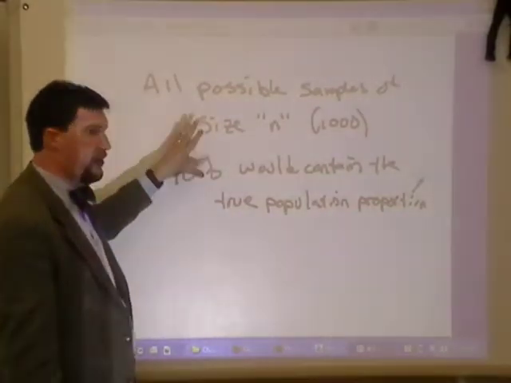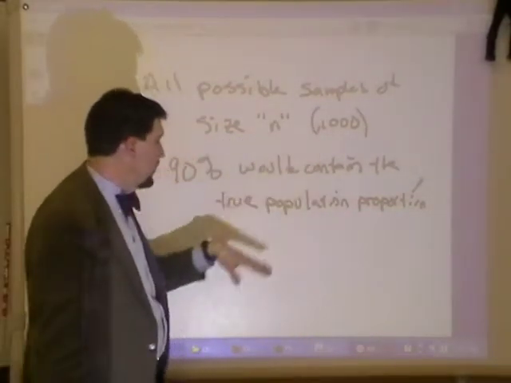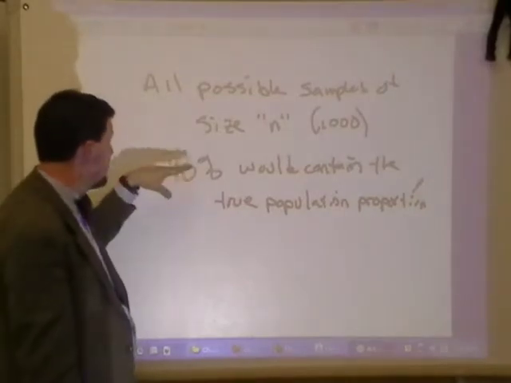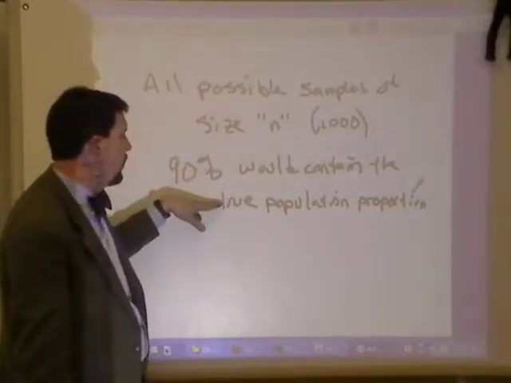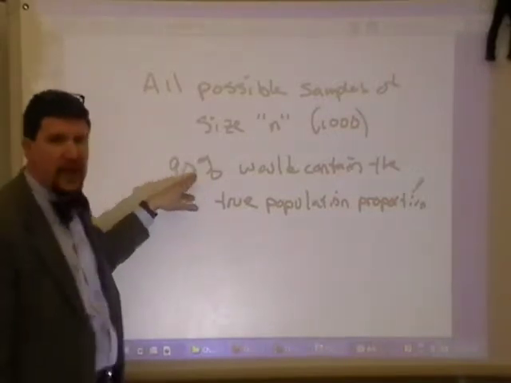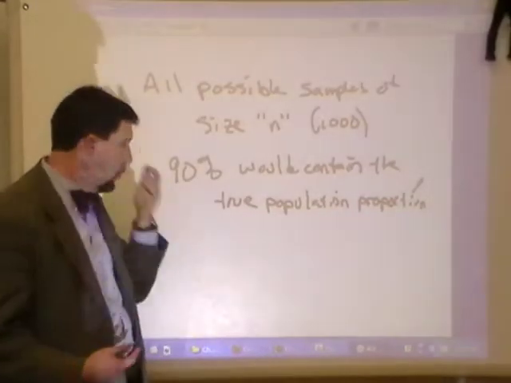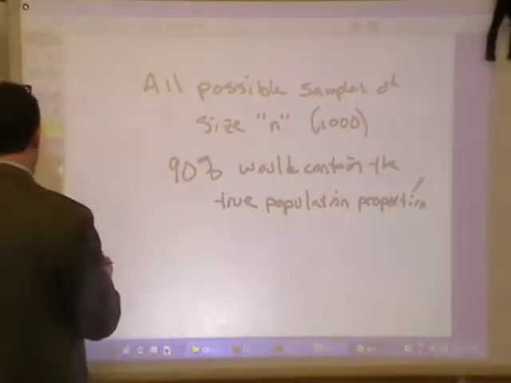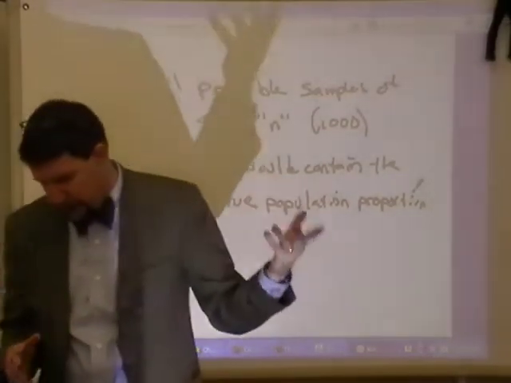So it's saying if I take all possible samples and build confidence intervals from them, 90% would contain the true population proportion. And if I change it from 90% to 95%, then 95% of those would contain it. Okay. So that's what a confidence interval means.